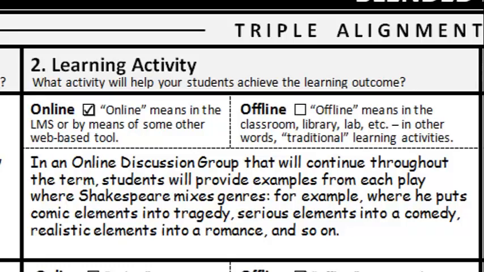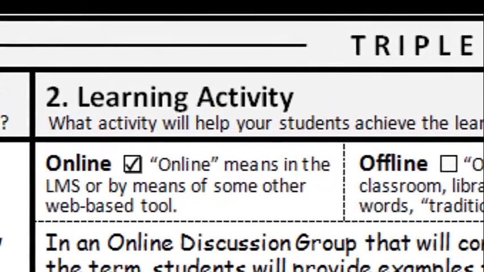For example, where he puts comic elements into tragedy, serious elements into a comedy, realistic elements into a romance, and so on. Now, you'll note that the instructor has identified this as an online learning activity because it takes place in an online discussion group.